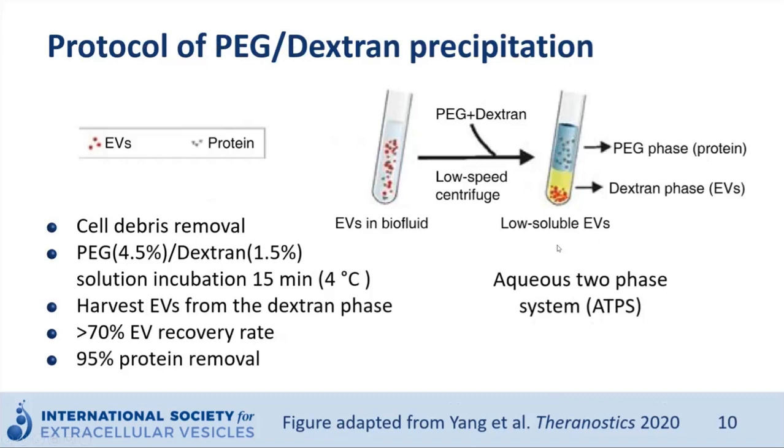This method shows a protein removal rate of over 95%, while it has an over 70% EV recovery rate. It is nice that the incubation time of this method only requires 15 minutes at 4 degrees.